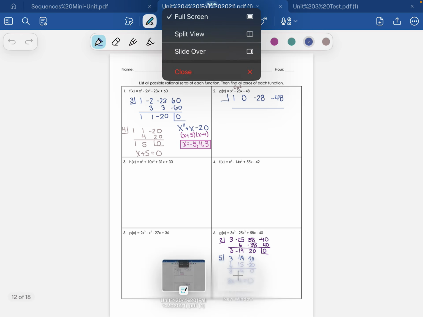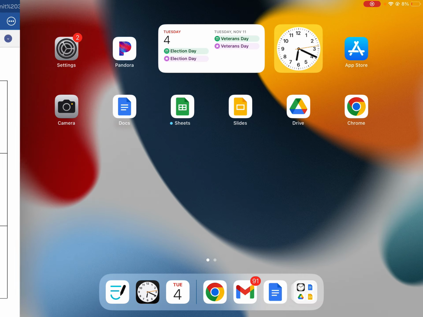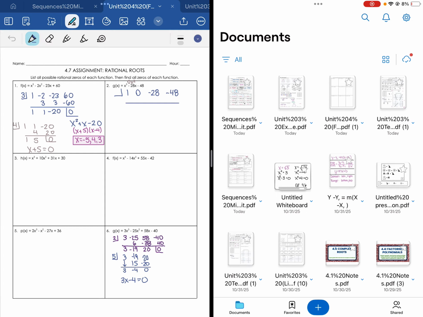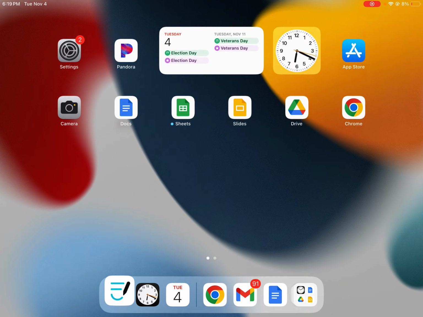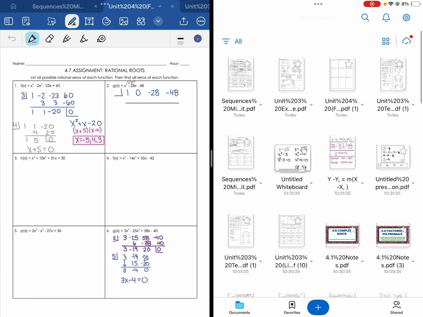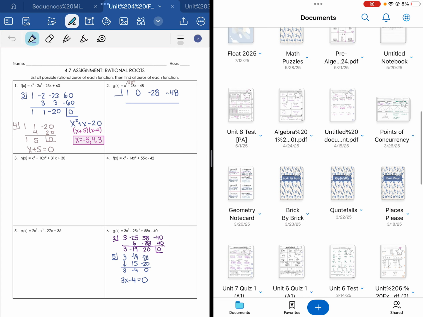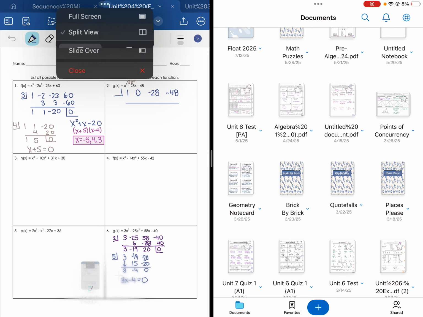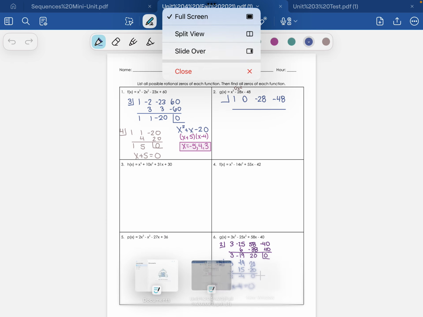Sorry, I'm trying to get the calculator to show up at the same time for us. There it goes. Okay.